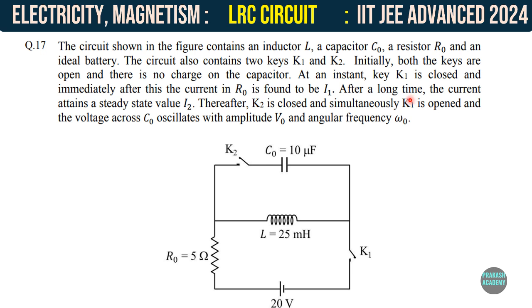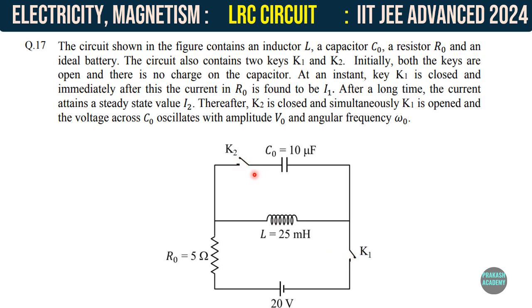After a long time, the current attains a steady state value I2. So, this resistor has a current of I2 after a long time, and thereafter K2 is closed and simultaneously K1 is opened. So, now this switch is opened and this switch is closed.